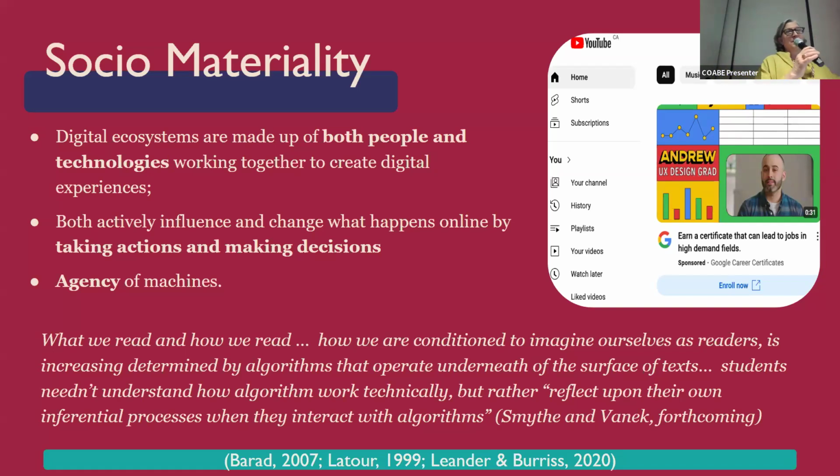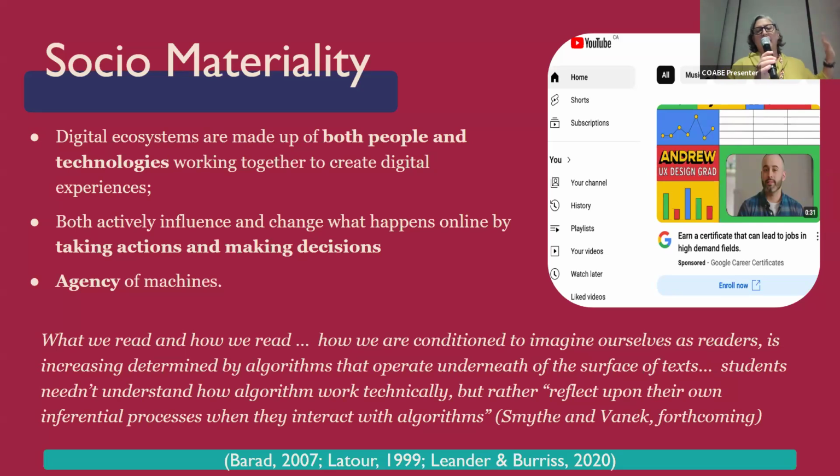And this sounds sort of sci-fi, but yeah, it's agency of machines to some extent. And here's a quote from the chapter. What we read, how we are conditioned to imagine ourselves as readers is increasingly determined by algorithms that operate underneath the surface of text, digital text, online text.